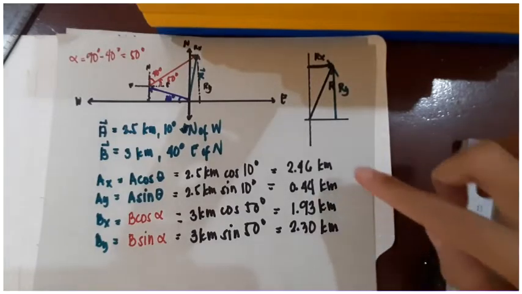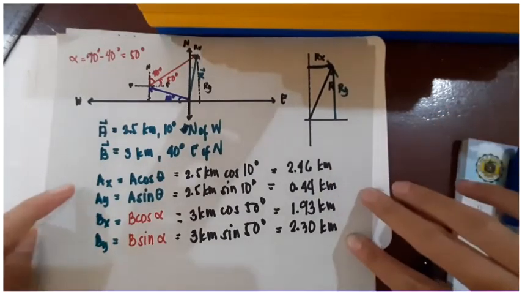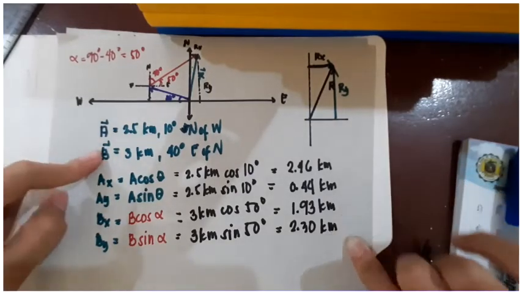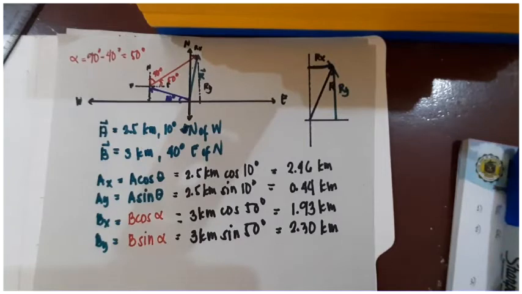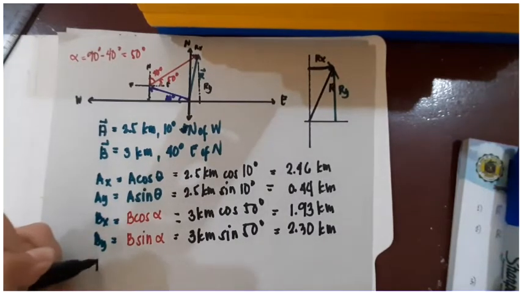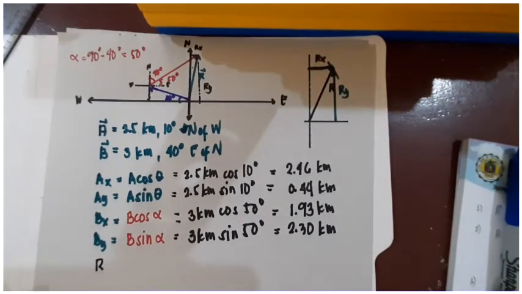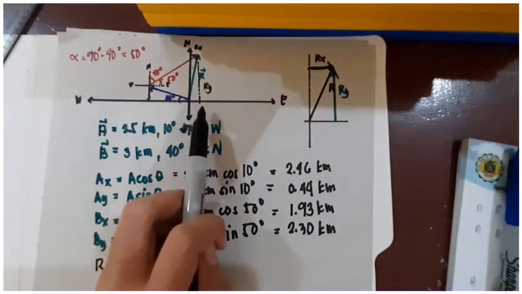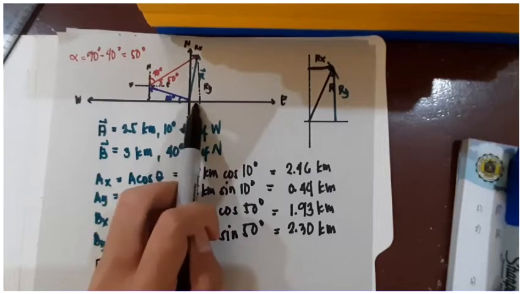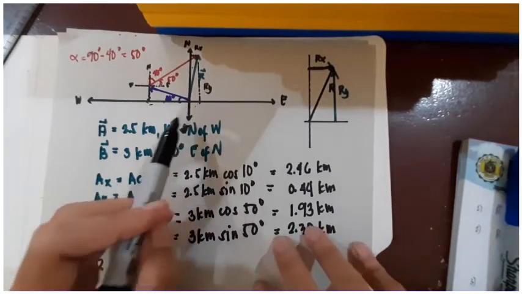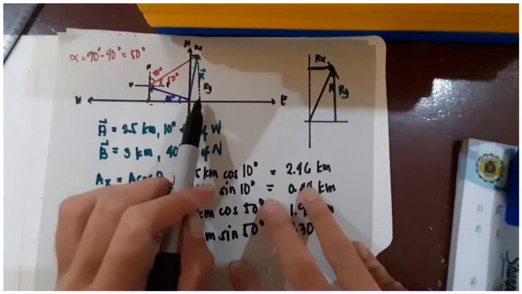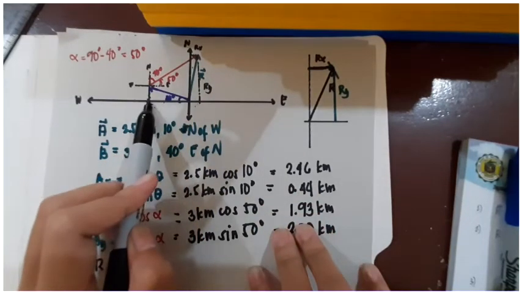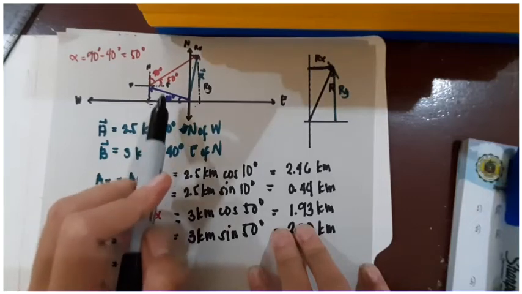Okay, since meron na tayong values for your x and y components ng bawat vector natin, A and B, we can now solve for the x and y component of our vector R. Okay, so for the x component, since we have this point, papunta dito, isubtract natin yung dalawang x component, ax minus your bx.